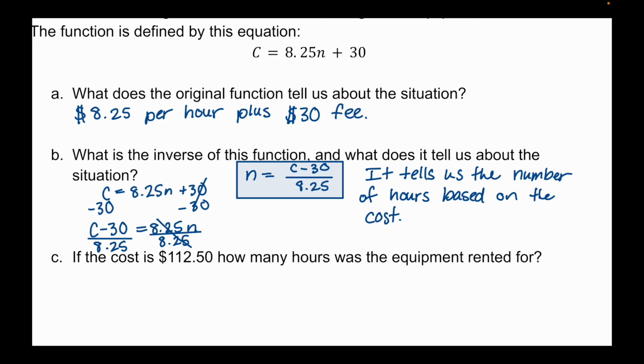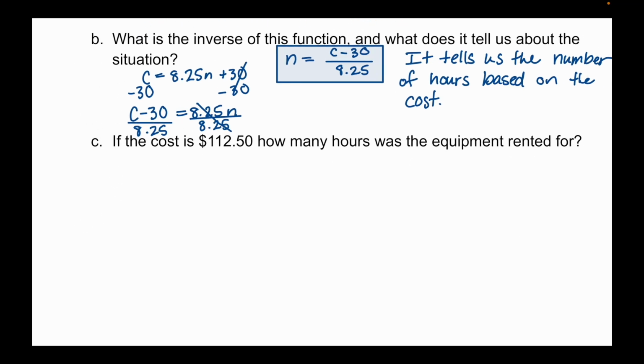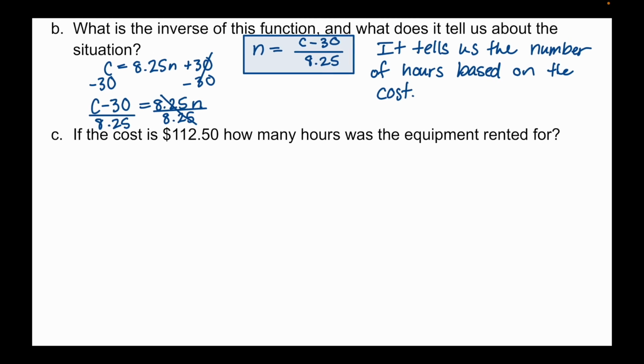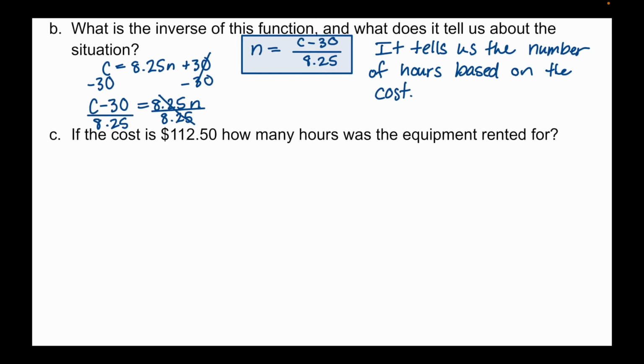Okay. And so for the very last part, we're going to use our inverse function here. It says if the cost is $112.50, how many hours was the equipment rented for? So let's do this one. We're going to say the cost was $112.50. So we're going to use n.